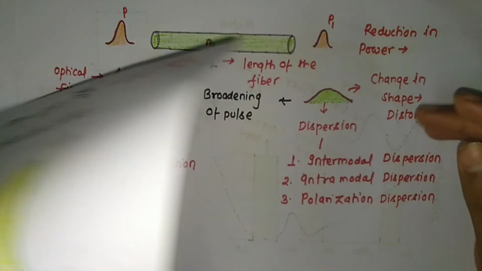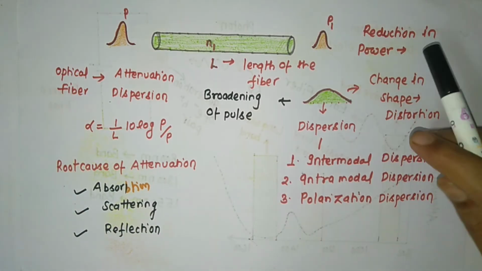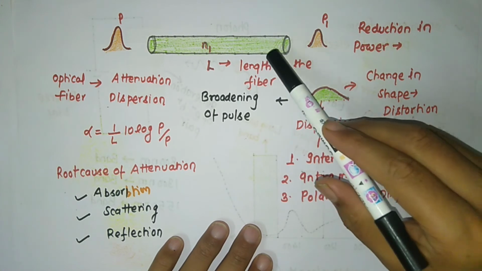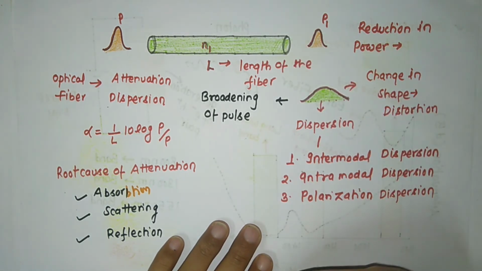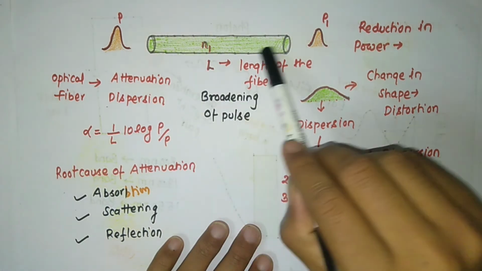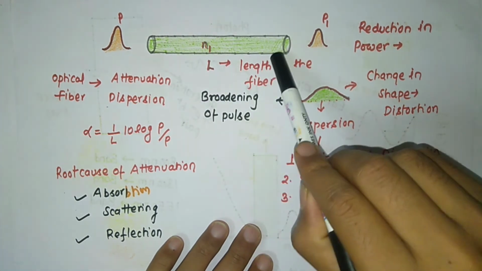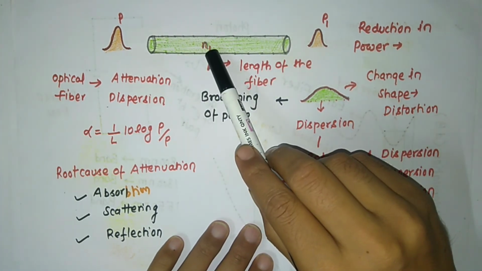Let's talk about the optical fiber. This is your optical fiber, and optical fiber is nothing but a transmission medium. So in the case of RF propagation, free space is the medium. This is your optical fiber, and I have drawn here only the core region. And what is the refractive index of the core region?